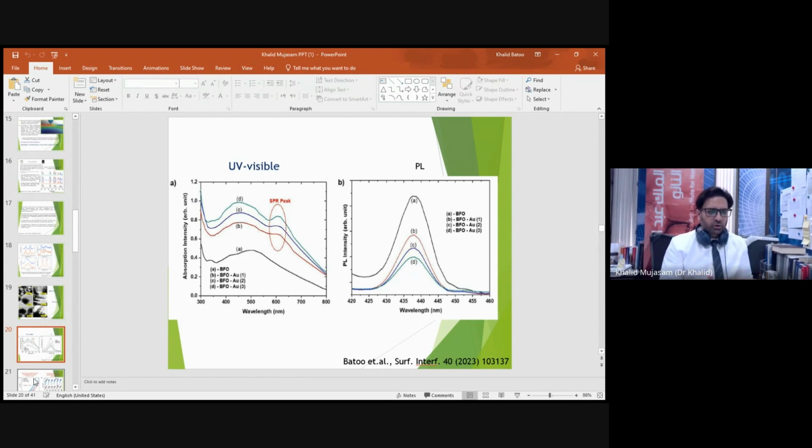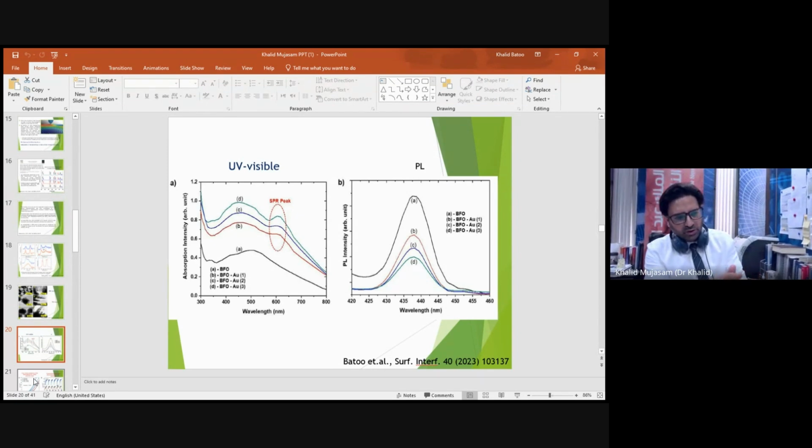To understand the optoelectronic properties, we did UV spectroscopy. In the UV measurements, you can see the emergence of the SPR, surface plasmon resonance peaks, which emerge somewhere around 630 nanometer.